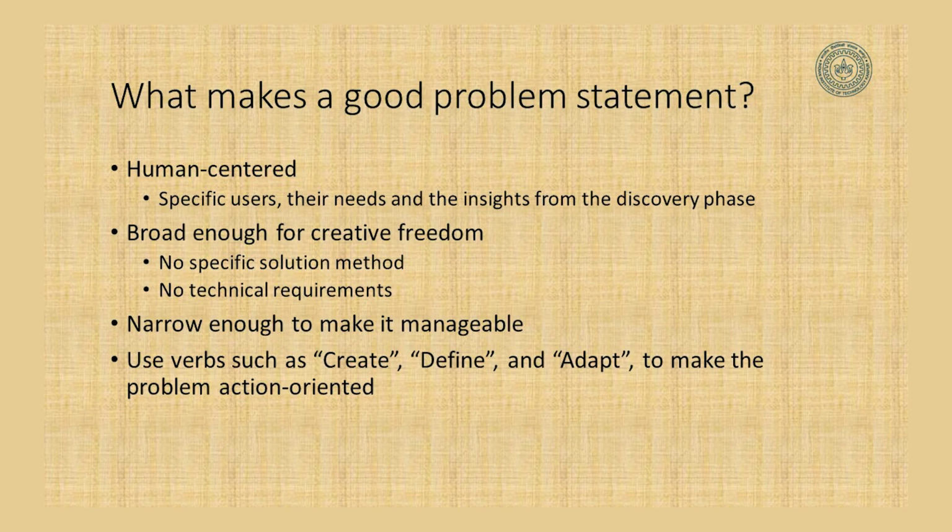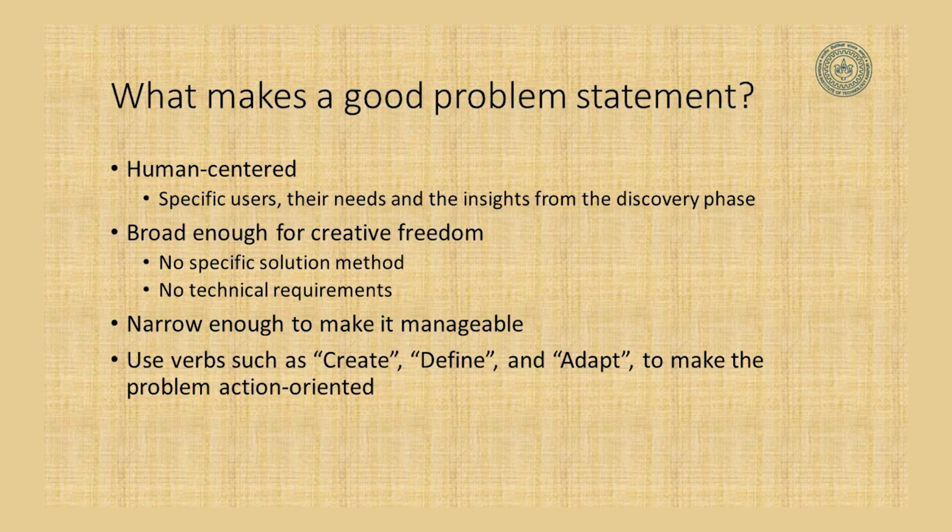By taking into account the needs of the users and the insights you get from the discovery phase, you can create a good problem statement. So, that is how it will become human centered. You have to consider the humans for whom you are creating this solution. It is only by considering the humans that you can create a good problem statement.